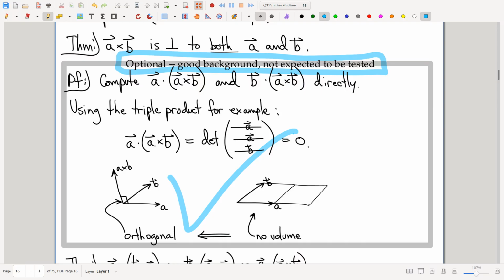I can't really justify it. But it is good background. It will be helpful to you as you're trying to digest these ideas. So I encourage you to look at these proofs, but you don't have to. The facts will be on the test, fair game. The proofs that I have outlined here will not be.